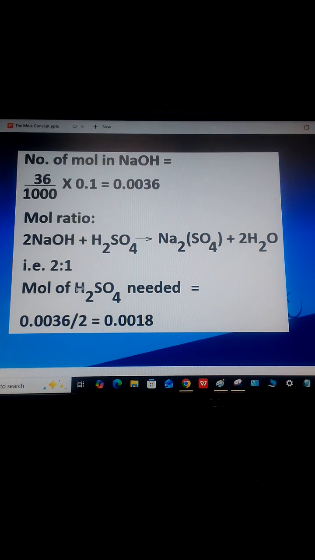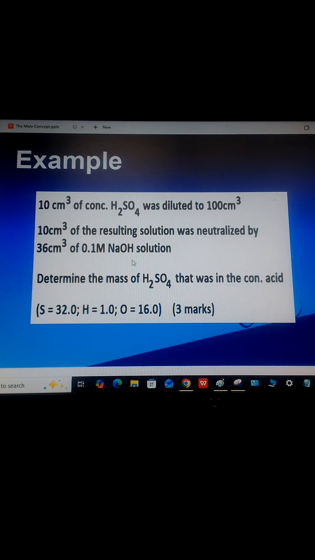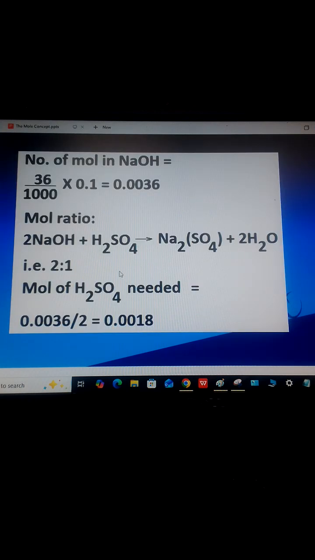So the first thing we can do is to find the number of moles of sodium hydroxide, because from this question we have been given the volume of sodium hydroxide solution used. It was 36 cubic centimeters of this molarity of sodium hydroxide. So from here we can find the number of moles of sodium hydroxide used.